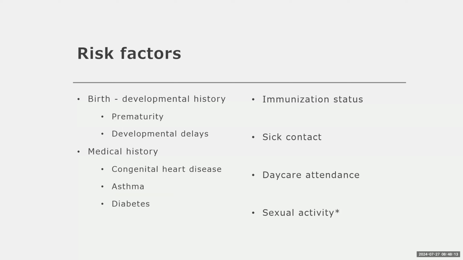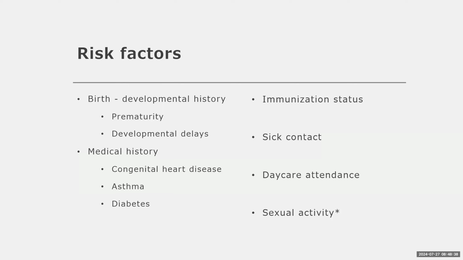All right, so the birth history is very important, because if the baby was born premature, or if there are significant developmental delays, you have to manage the patient differently. And medical history, just like an adult. And then this one is particularly important for fever: the immunization status.